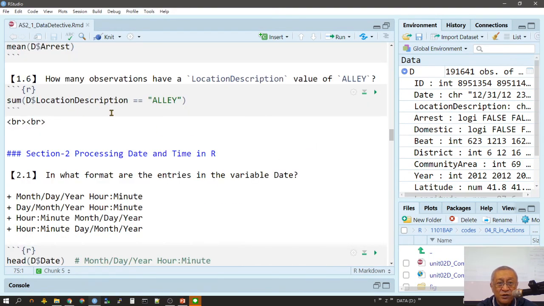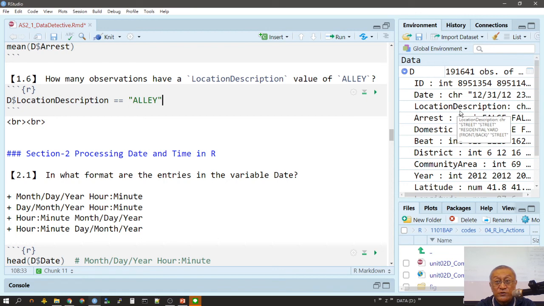Where are we? Now this one. How many observations have a location description value of alley, right? How do you count this? They are talking about how many observations have a location.